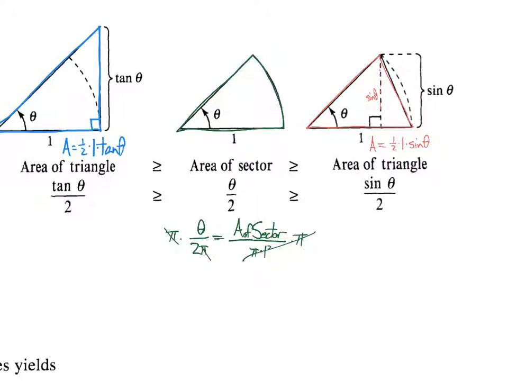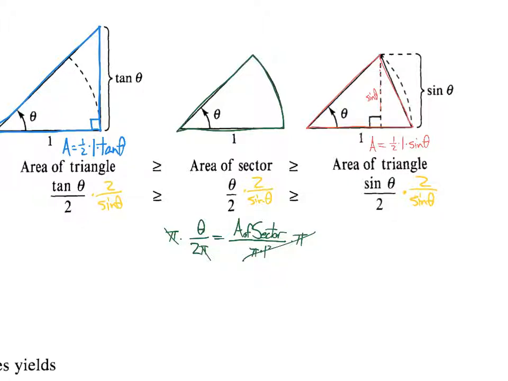So what we're going to do next is multiply all of these parts by 2 over sine of theta, and times 2 over sine of theta.